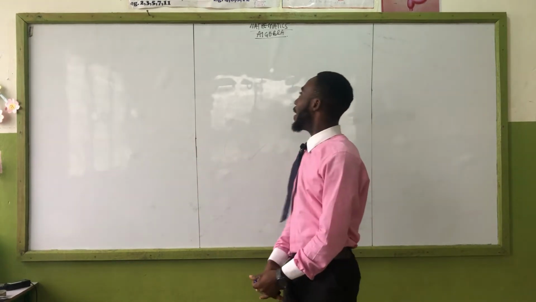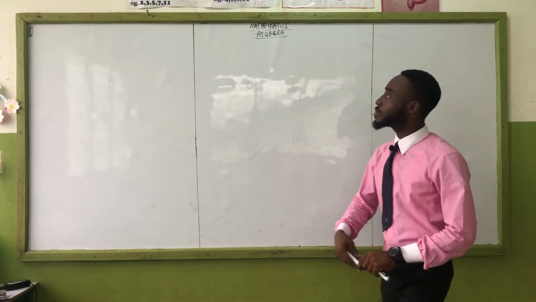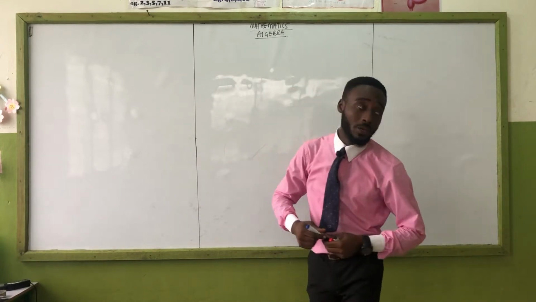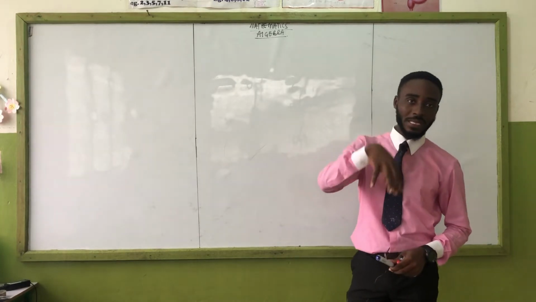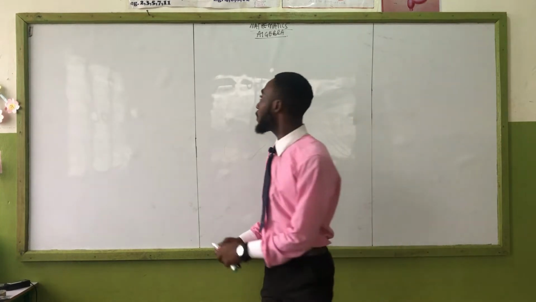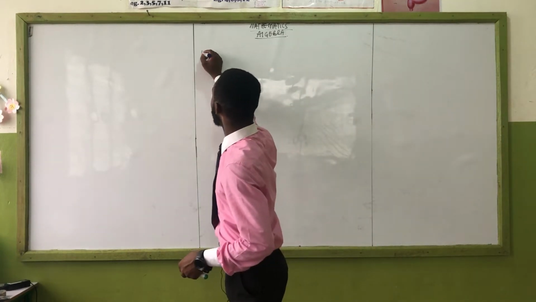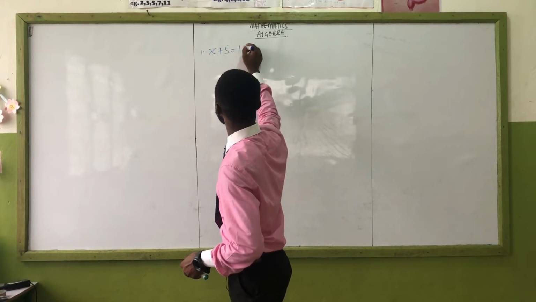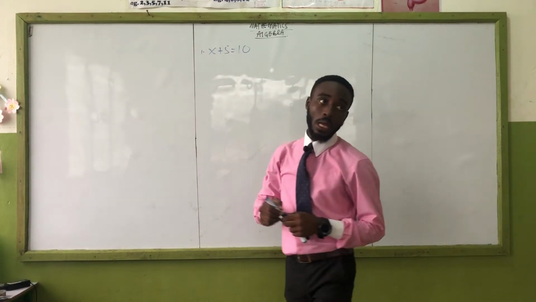So we will be doing something today that will be operating with algebraic expressions, but we'll focus for the first lesson on just addition and subtraction. So now, for example, if I have something like this, x plus 5 equals 10.